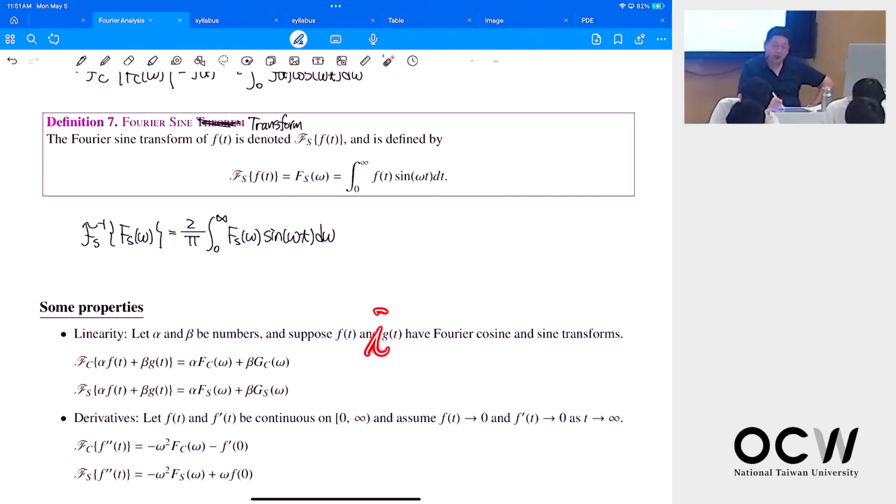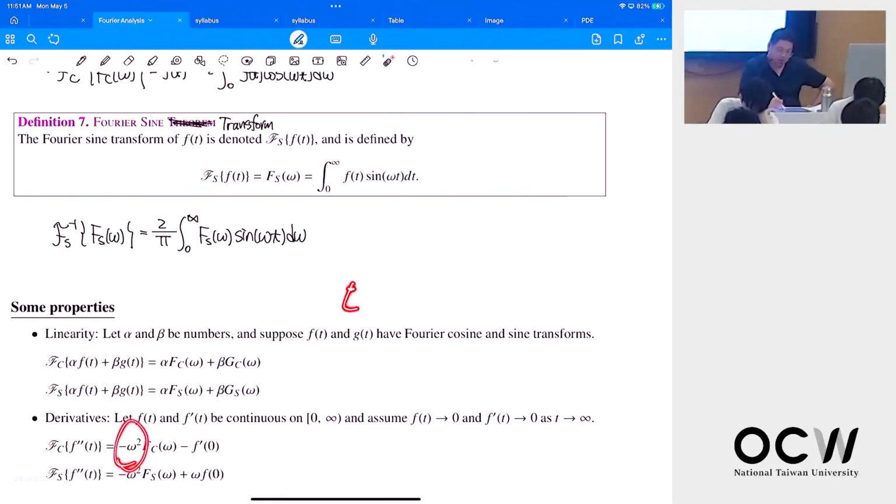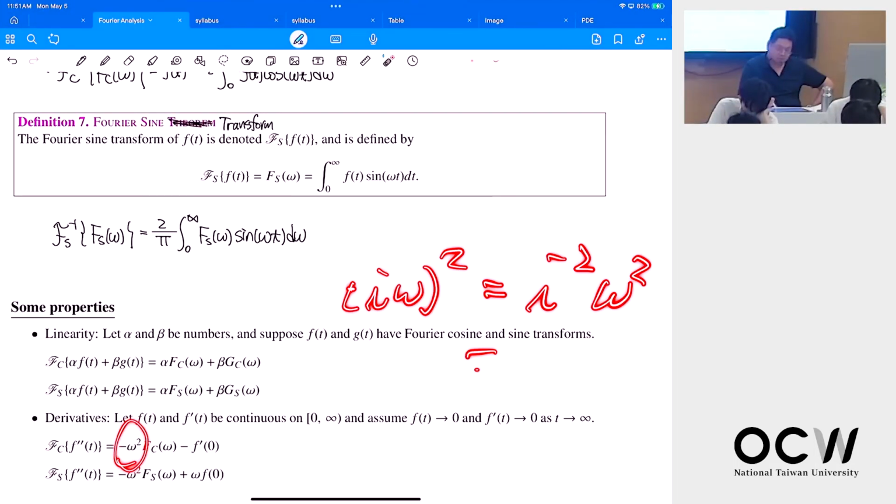Every time when I take a derivative, I'll get I omega. If I take the derivative twice, I have I omega twice. 3 times, I have I omega cubed. Okay, so that's why I have minus omega squared, because I omega squared will be I squared omega squared.